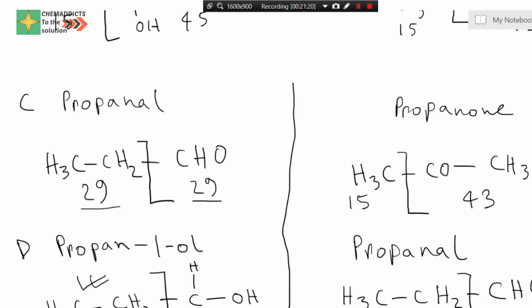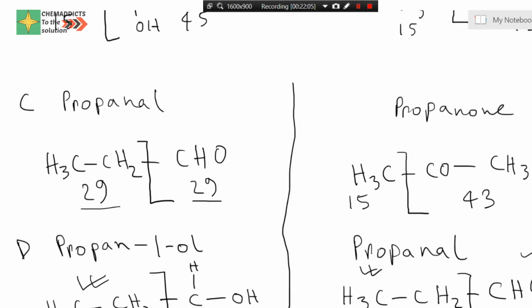In D we see that this fragmented molecule and this fragmented molecule coincide with the mass by charge ratio given in the question. You may also take it the other way around. You may take this fragmented molecule and this fragmented molecule, or you may choose this fragmented molecule as well.